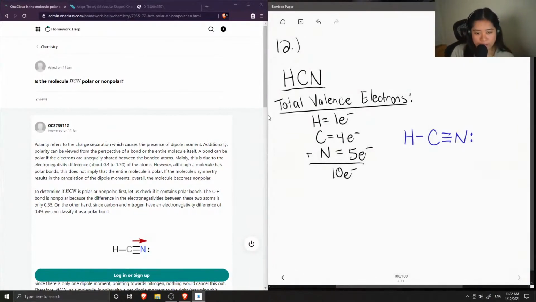So now let's calculate and see the difference in electronegativity between both carbon and hydrogen and carbon and nitrogen. So this will help us find out whether the molecule is polar or nonpolar.